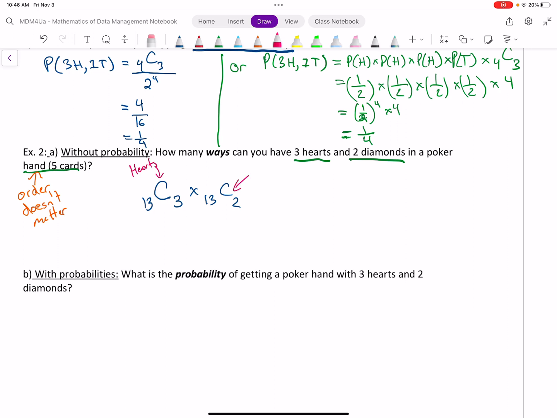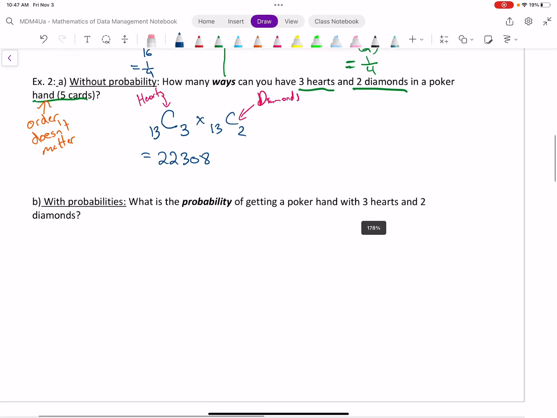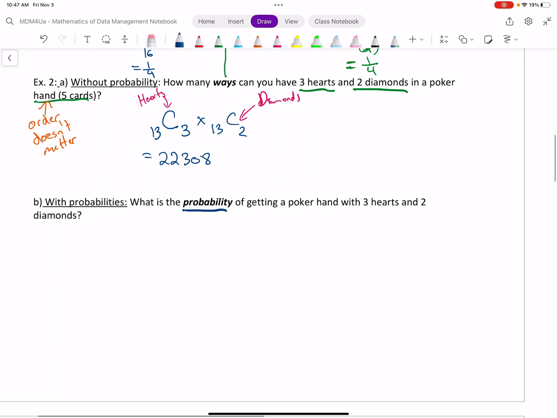And these would be my diamonds. And we just plug them in. So we plug that into our calculator. You can try that out, but I'm just going to write the answer. I get 22,308.